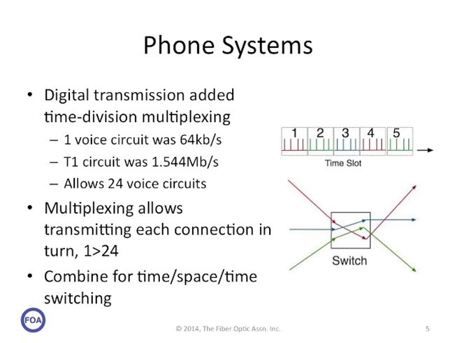So each of the connected users had a real full-time connection to the person they were talking to. This was combined with the switching, the physical switching, to create what was called time, space, time switching.